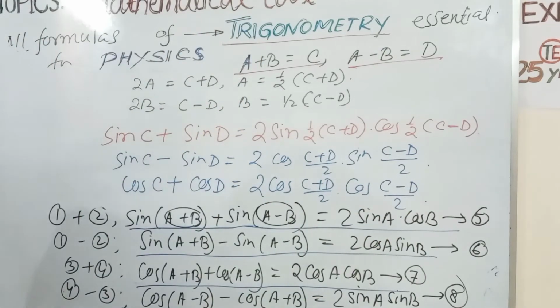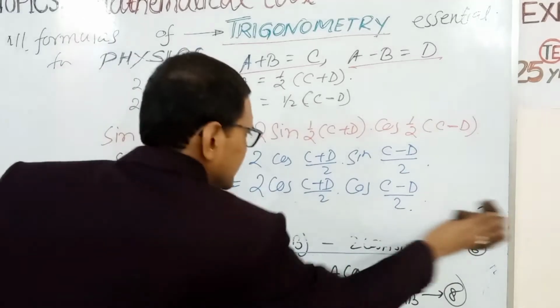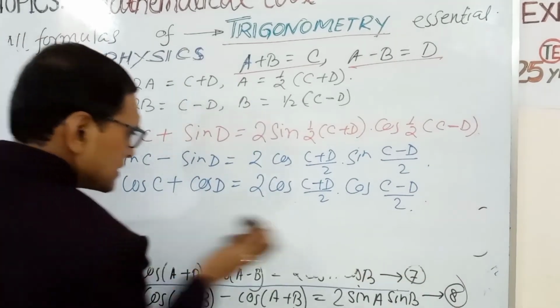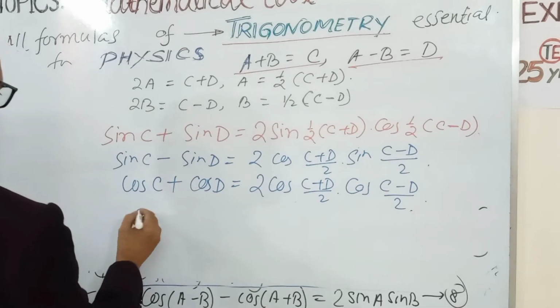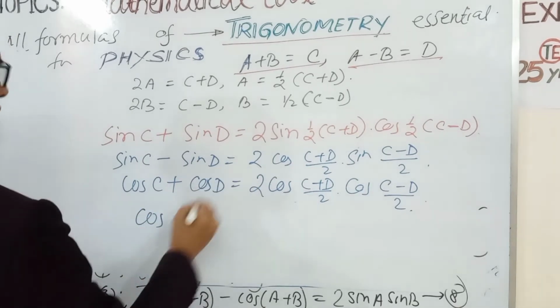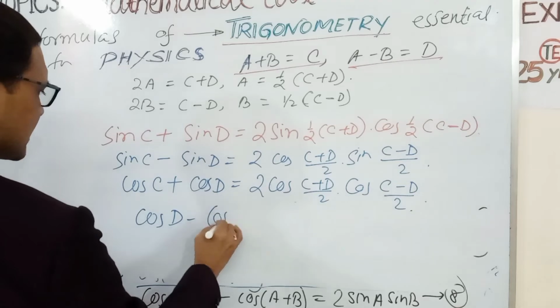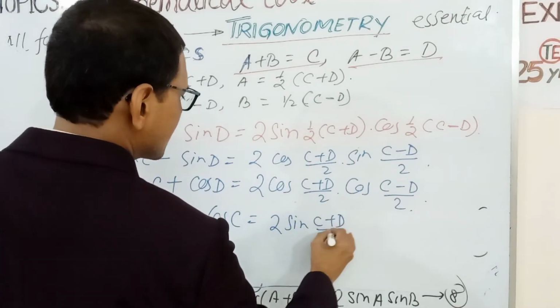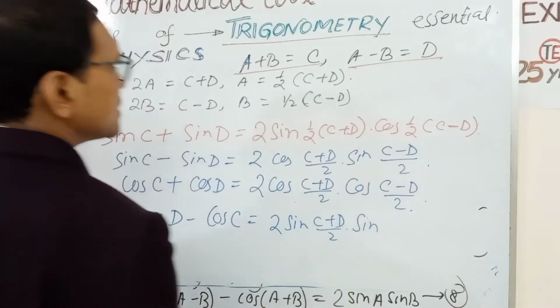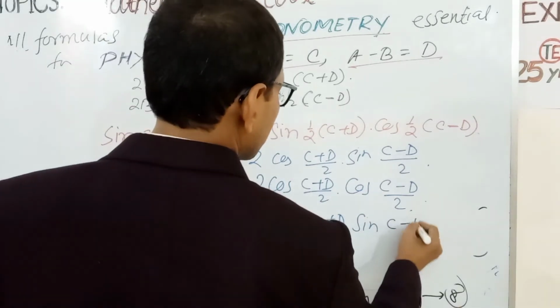And another formula: cos d minus cos c equals 2 sin (c plus d by 2) into sin (c minus d by 2).